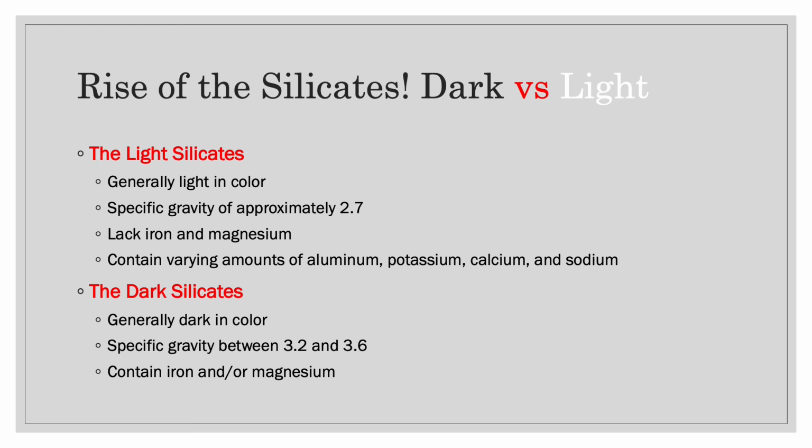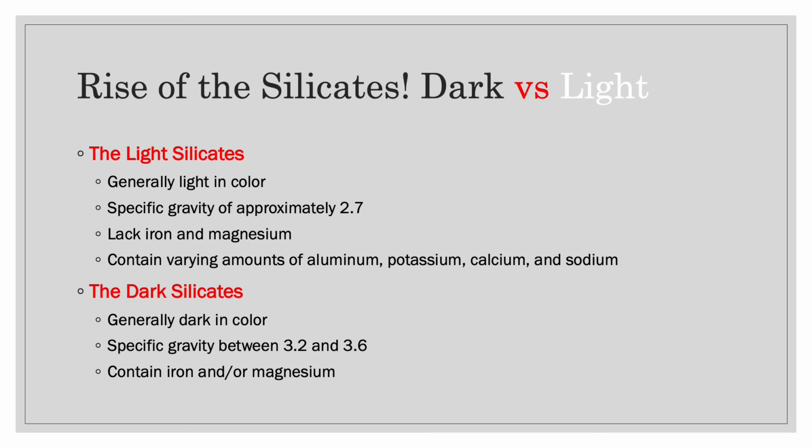Now moving on to talk about different types of silicates. So there are two major categories of silicates. There are the light silicates and the dark silicates. The light silicates are generally light in color, and they have a fairly light weight to volume ratio, or a fairly light specific gravity of approximately 2.7.